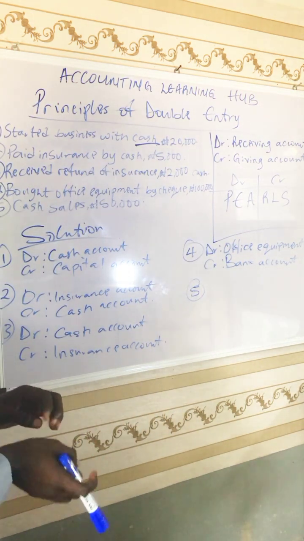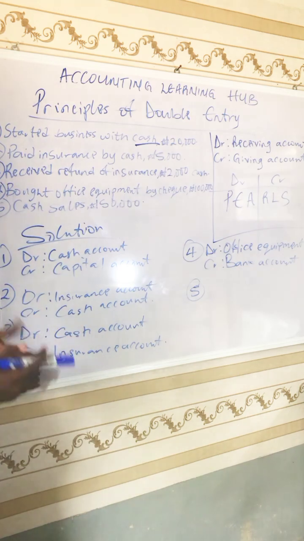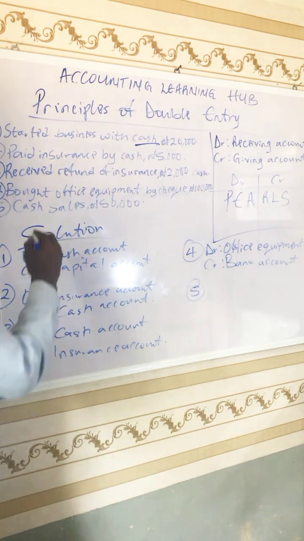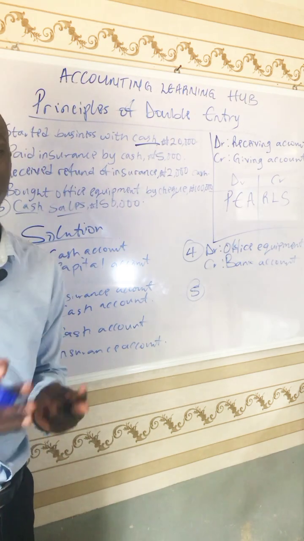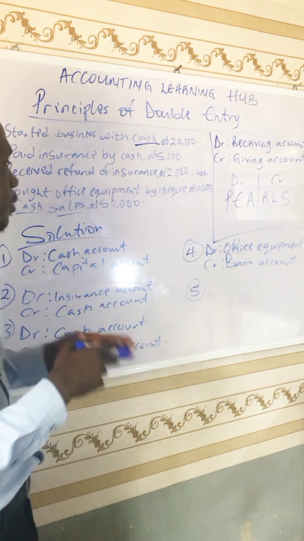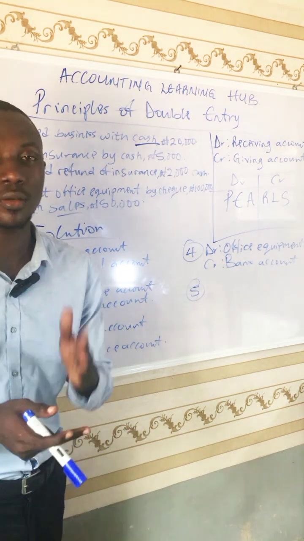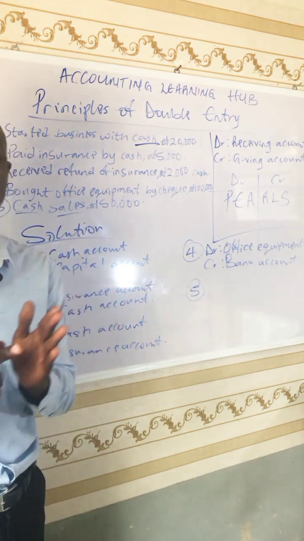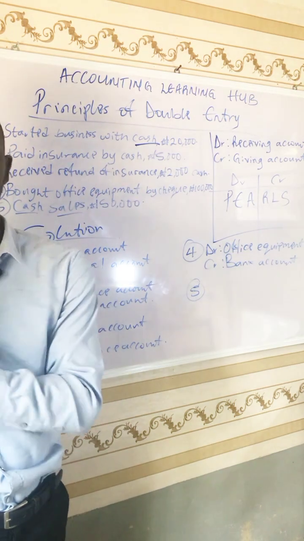Cash sales 50,000 naira. This one is quite simple. We have cash, we have sales. Those are the two accounts that are involved, and we just have to decide which account is giving and which account is receiving. When we sell our goods, we are receiving money and we are giving out our goods.